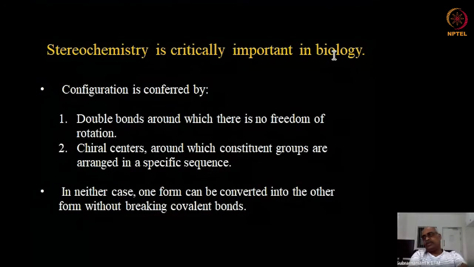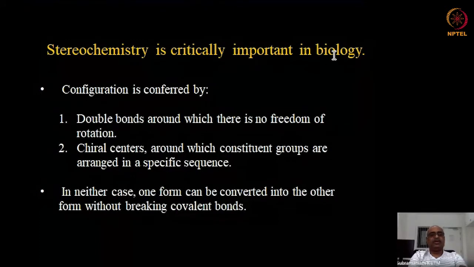For example, if you take the carboxylic acid group COOH in acetic acid versus the same carboxylic acid group in an amino acid like glycine, they don't dissociate at the same rate. They don't give up the proton at the same level. One is a stronger acid than the other.